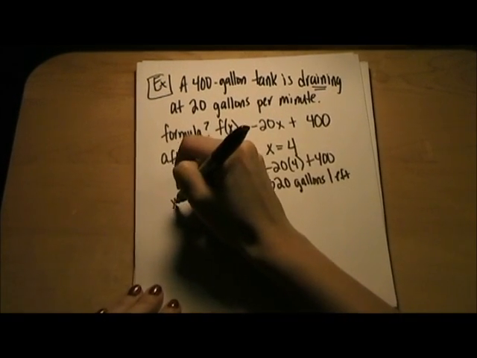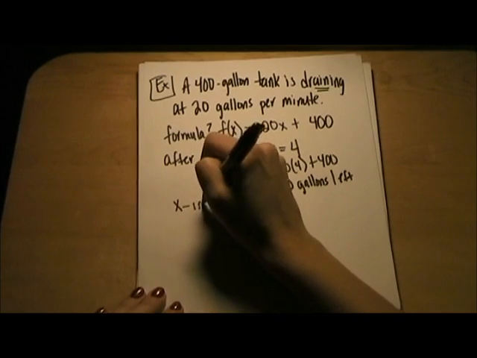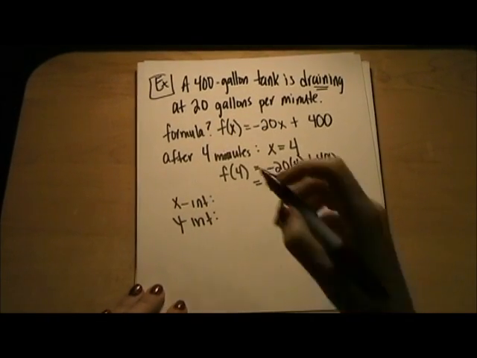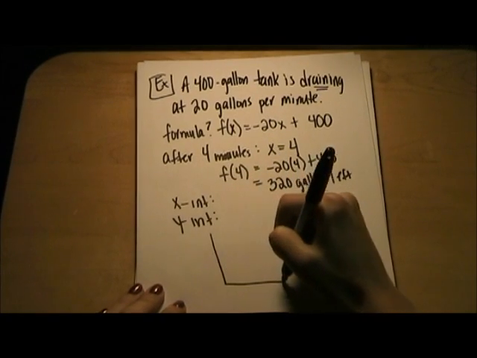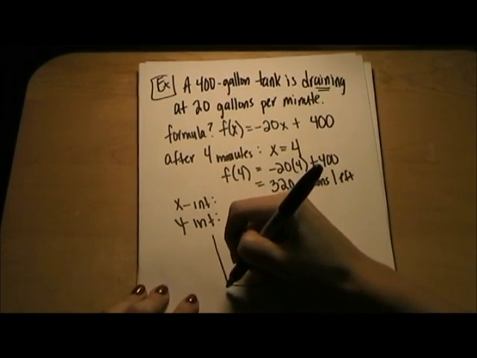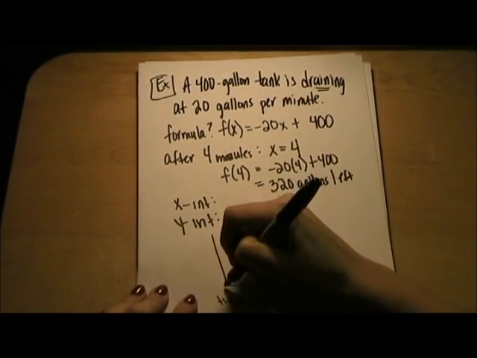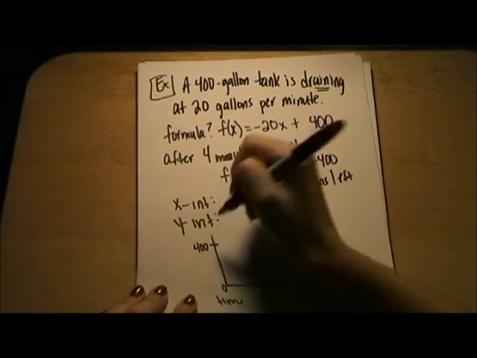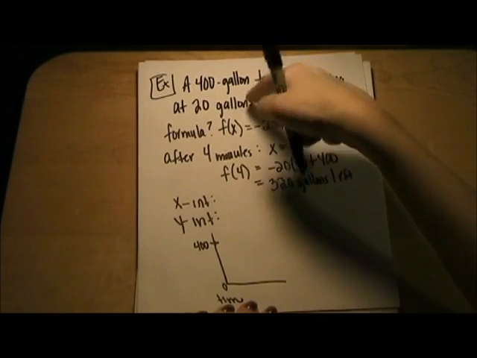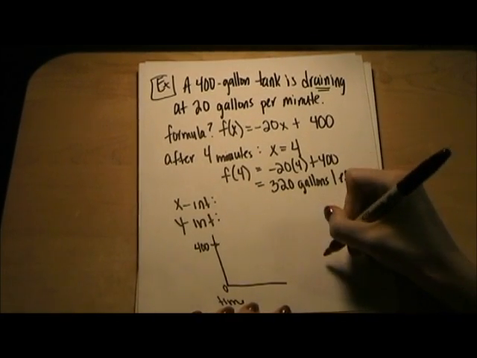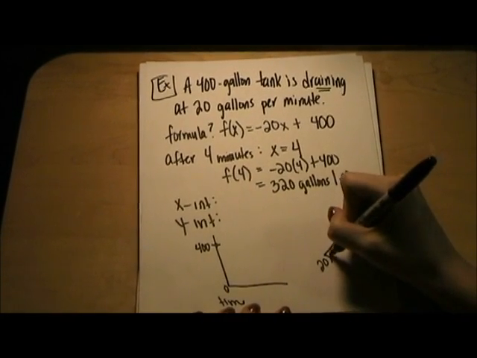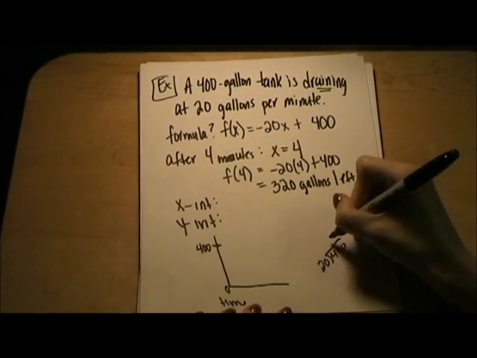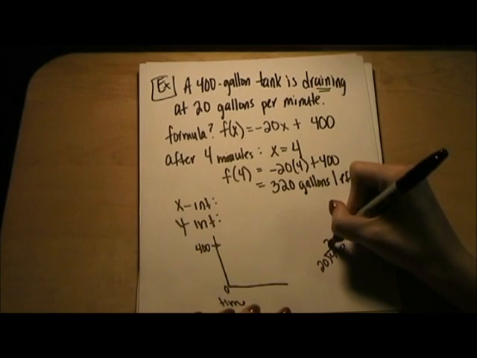If we wanted to know the x and y intercept, if we wanted to sketch a graph, at time 0, we had 400 gallons. And then if we were draining 20 gallons per minute, 20 goes into 400, 20 times.